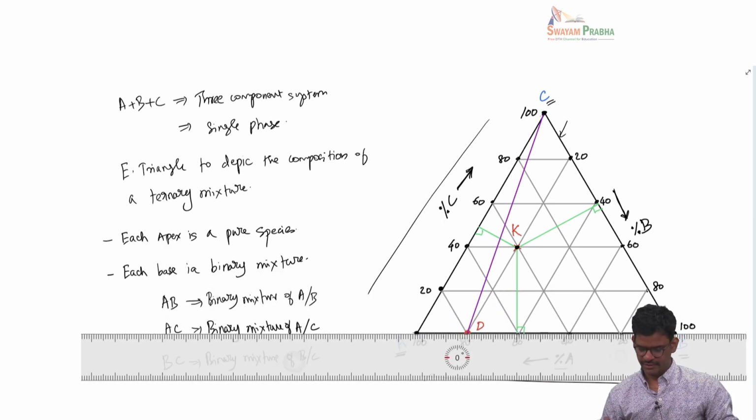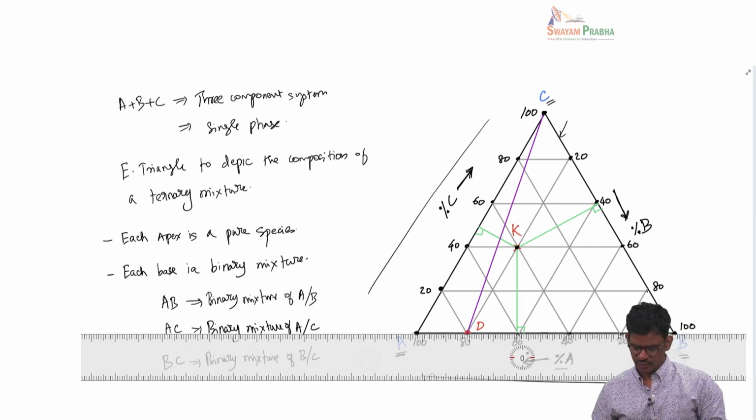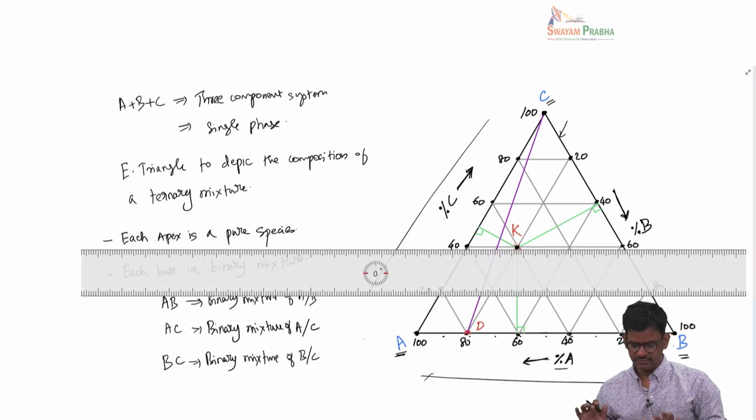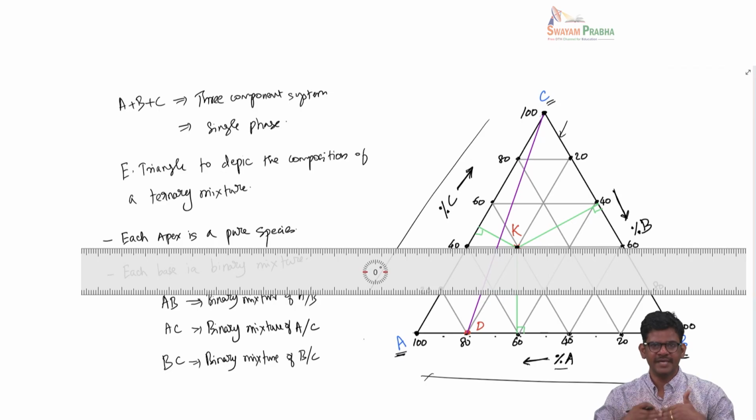First, we will find the composition of C at point K. I know that the line AB corresponds to 0% of C. So I move this ruler such that it is parallel to the baseline AB and go all the way to K. Then I know that on the left-hand side C is going from 0 to 100. So I read the amount of C as 40%.